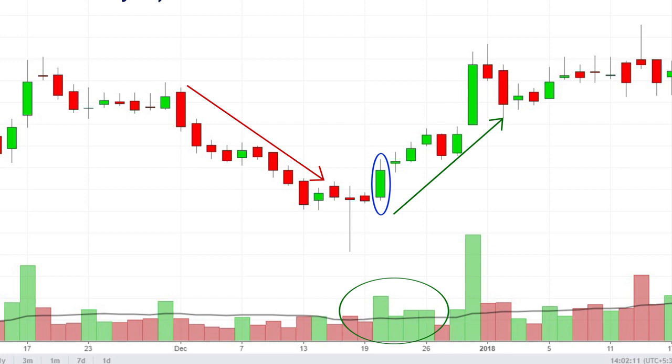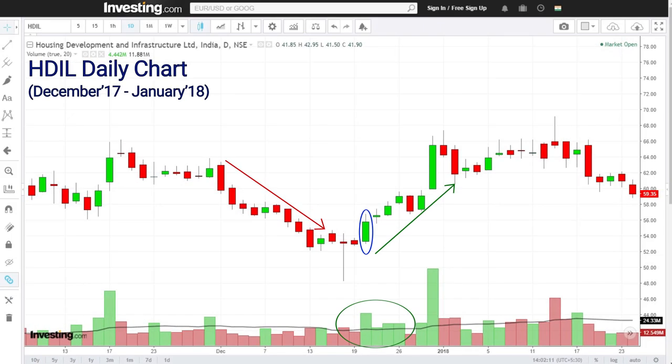That was a little more reassurance, because if we are trading in any direction and we find that the volume is increasing, we get a little more assurance about the move and we get confident about holding the long position.